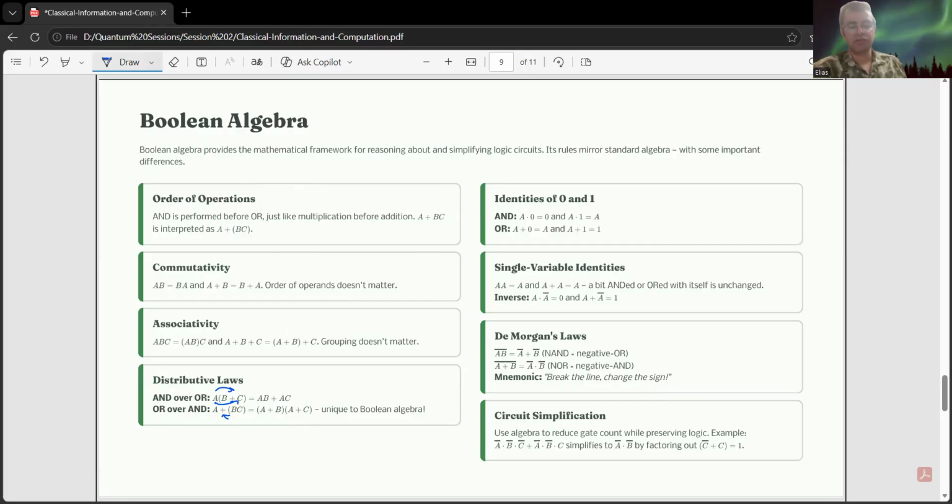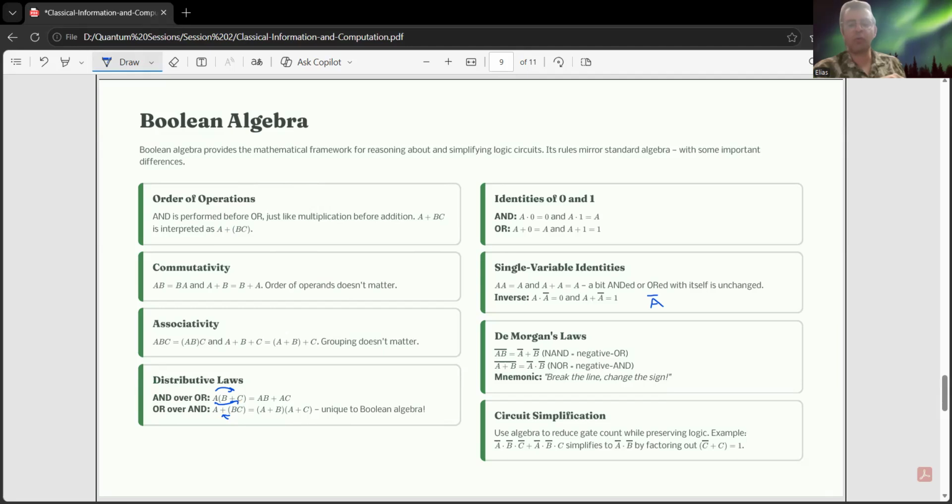So you can first do an OR of A and B, then multiply that with an OR operation over A and C. And there are a bunch of other things, like the inverse, which is shown by A hat, the inverse of A. Also, we have De Morgan's law, for example, where you have AB with a hat over it, which is equivalent to A not plus B not. Or if you have A plus B with a hat over it, it equals A not multiplied by B not.